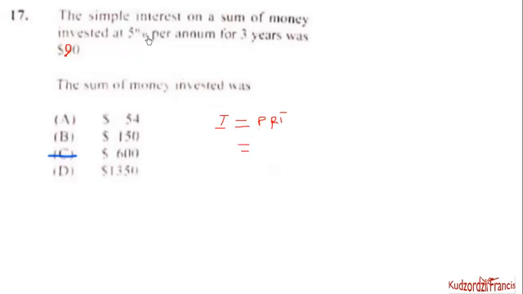We know the interest to be $90. So we write 90 here. Then we don't know the principal, so we keep it. The rate is 5%, so 5 out of 100.